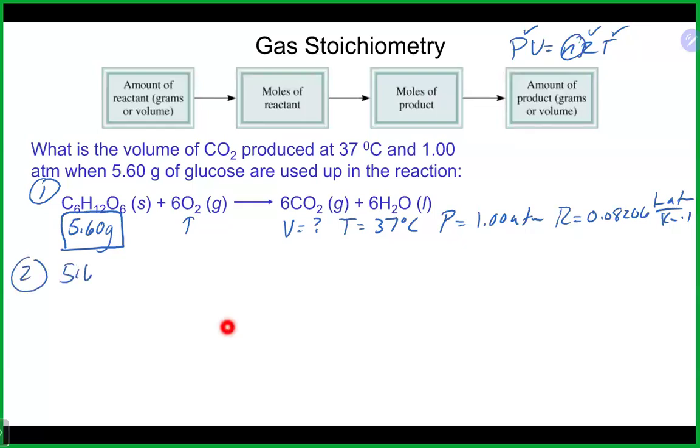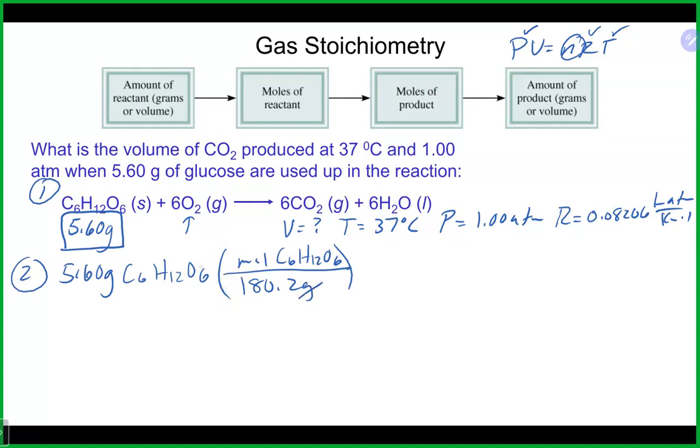We're going to take what they gave us, 5.6 grams of C6H12O6, and use the molar mass from the periodic table, which is 180.2 grams per mole of C6H12O6. If I were to stop right at this point, my grams of glucose would cancel, and I would be in moles.